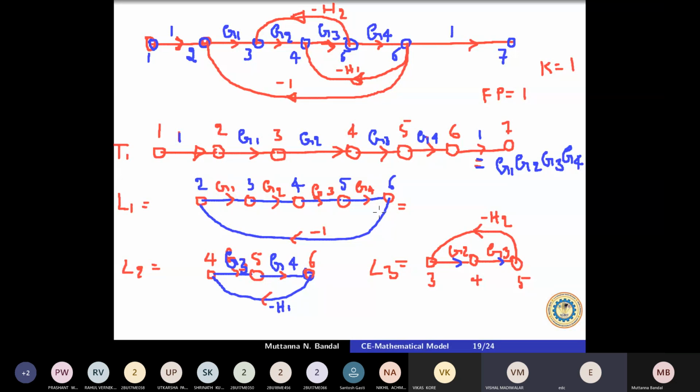And here, this is again in a loop. So I can write the product of all this as, since minus 1 is there, minus G1, G2, G3 and G4.